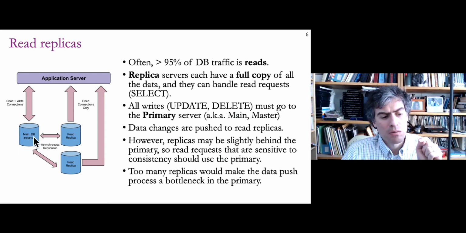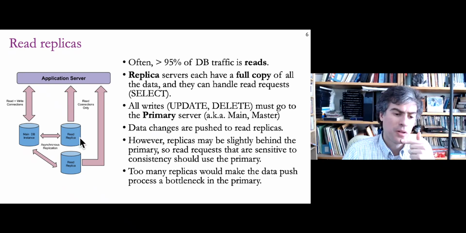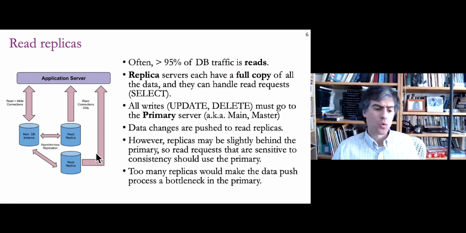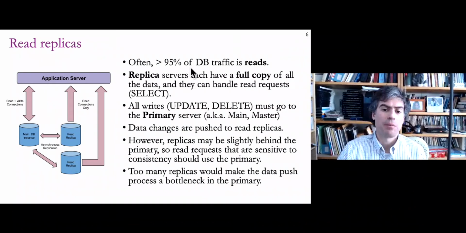But that data is propagated to replicas after a short amount of time. There's a little bit of a delay, but basically it's consistent. So you can do reads off of any one of these 3 machines, but you have to do the writes to one place to keep it consistent. This works because very often in many applications, a vast majority of your requests are reads rather than writes.